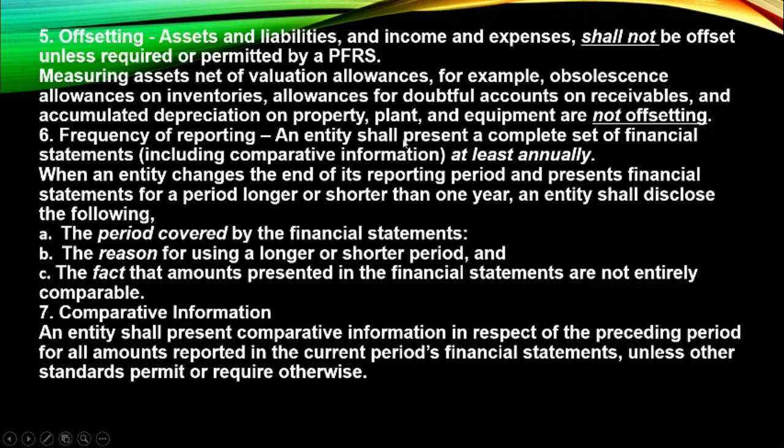So this is a requirement because annually you are going to file or renew your license of operation, and the government agencies, which are the SEC, the BIR, the Treasurer's Office where your business is situated, you have to file your annual report. So the requirement is at least annually, unless management will have an interim.